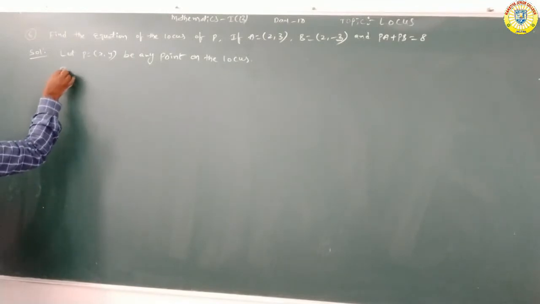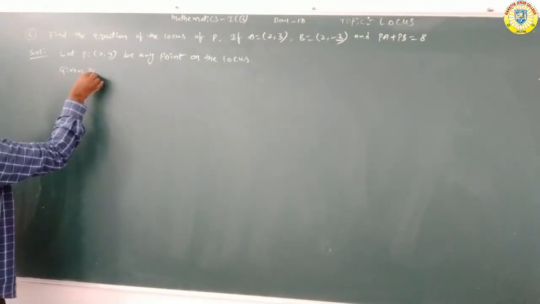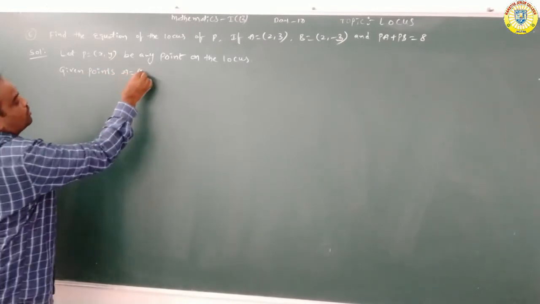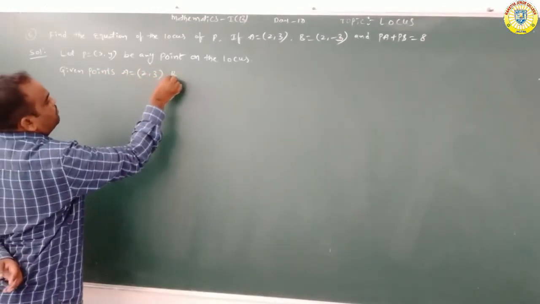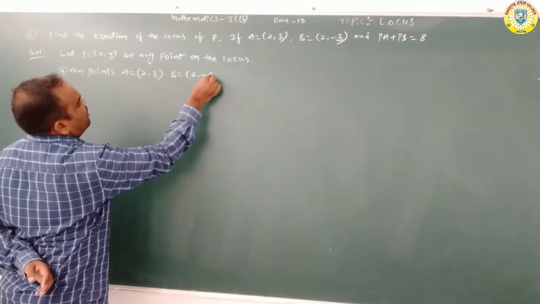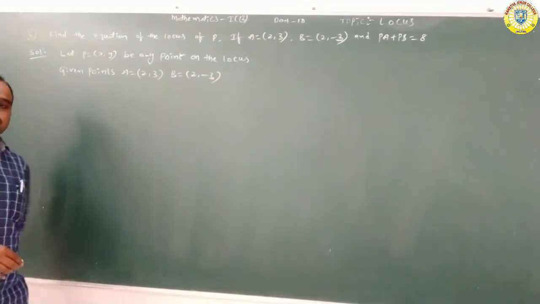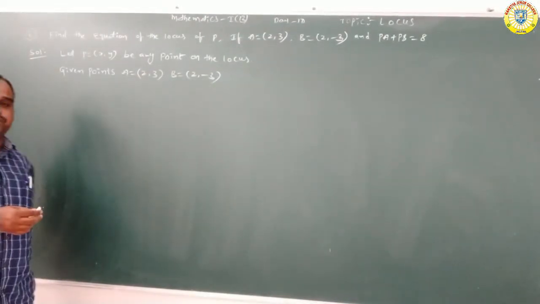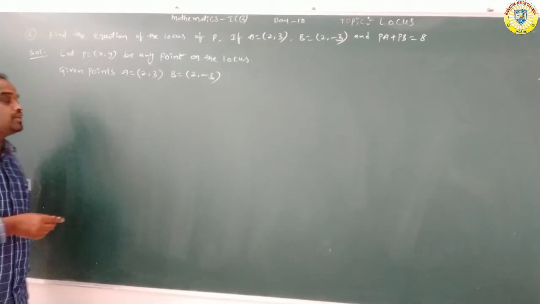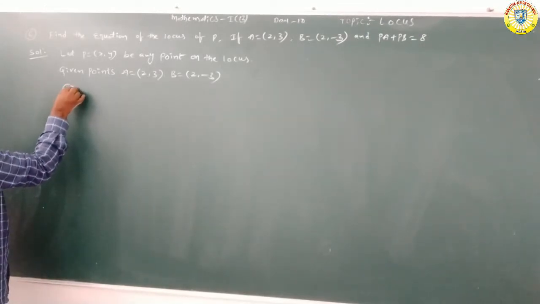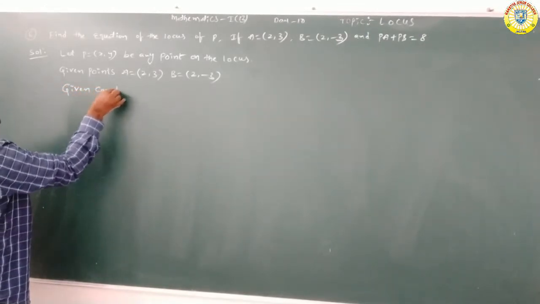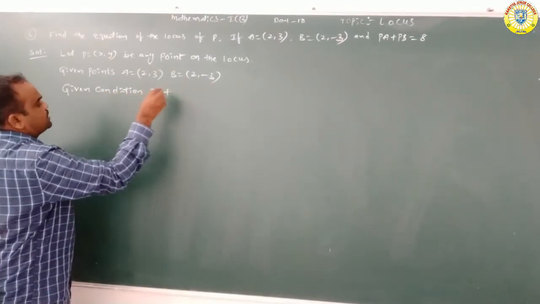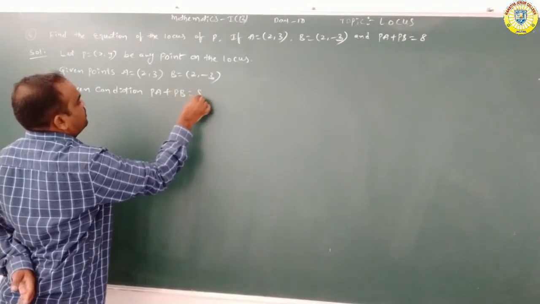Here given points: A is equal to (2, 3), B is equal to (2, -3). PA + PB is equal to what is given, sir? 8. Here is the given condition: PA + PB is equal to 8.